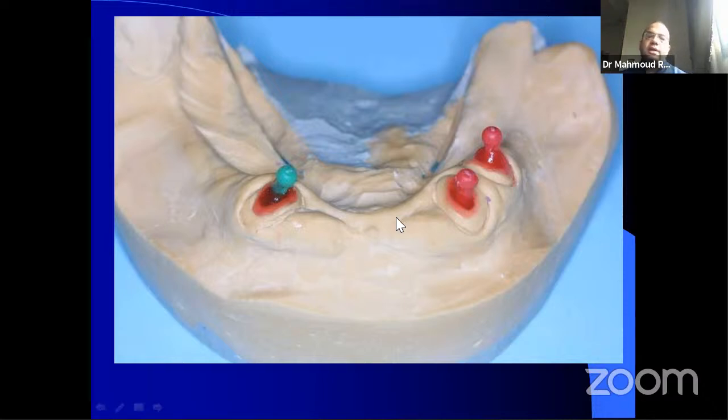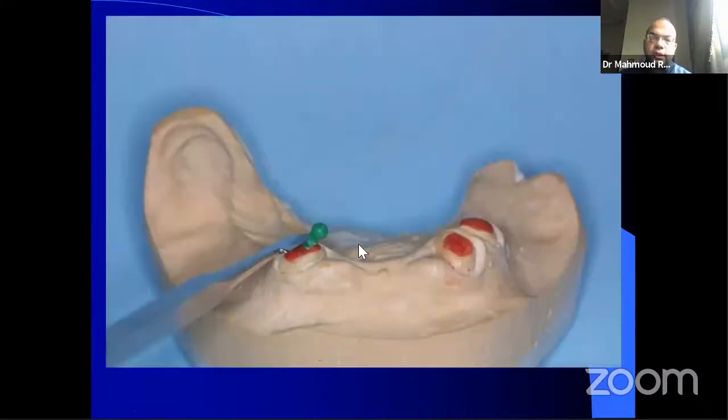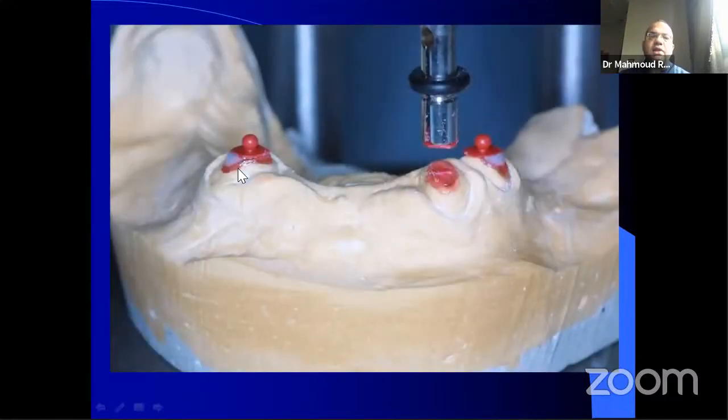So we decide to remove the head of the balls like this, then insert the balls with this form that is given from the company of attachments to be used with the surveyor. It will have a surveyor tool like this, putting them and luting them to the wax of the coping parallel to each other like this.